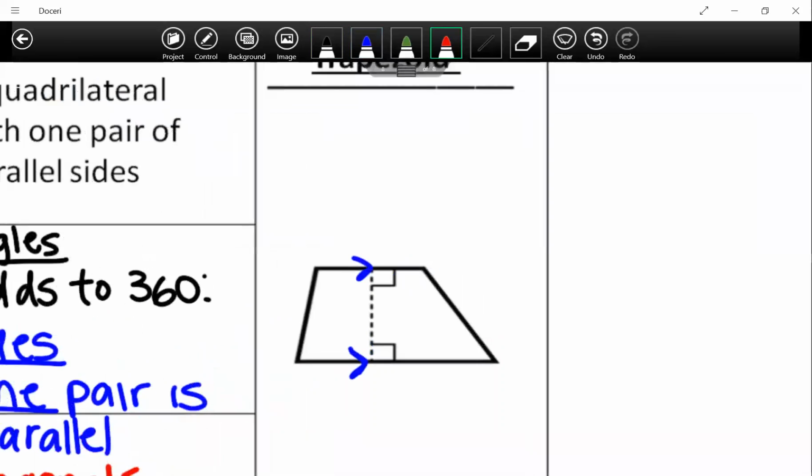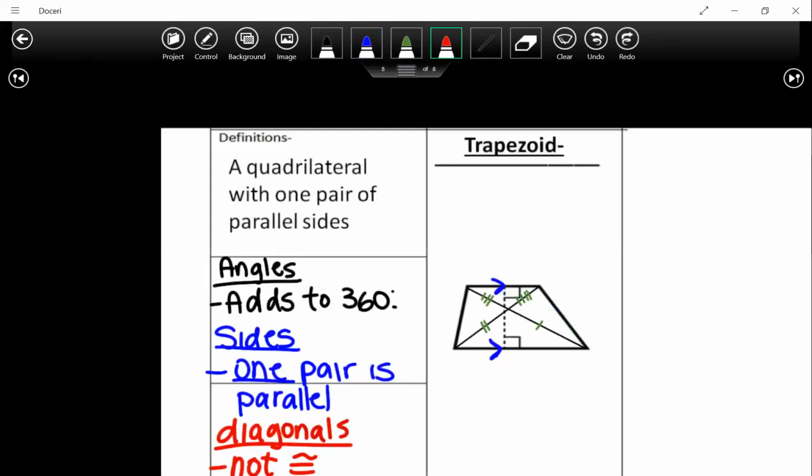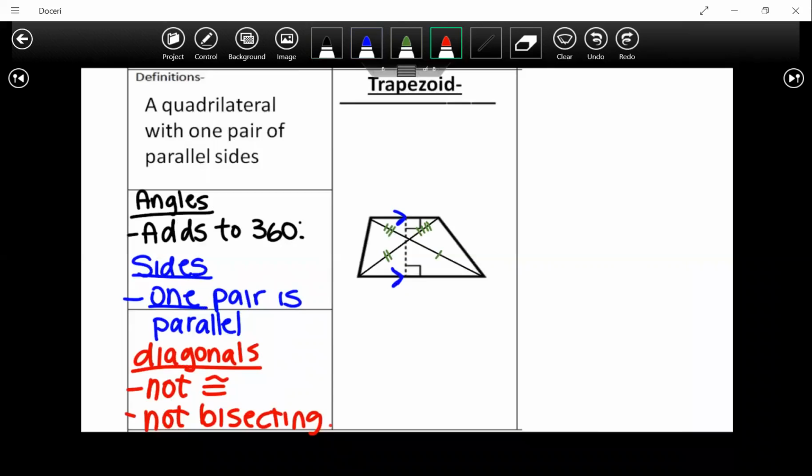Yeah, but not always. So we're going to show different sides to that. So this will be 1, 2, 3, and 4. To show that the sides are not congruent, we'll just leave those parts out. Okay. And that would be it. That's our trapezoids. Cool beans? That is it. That is it today.